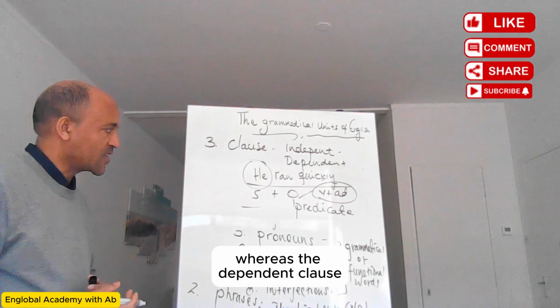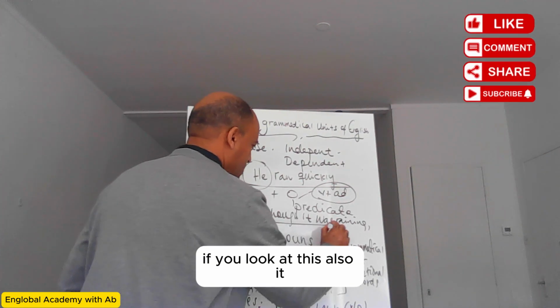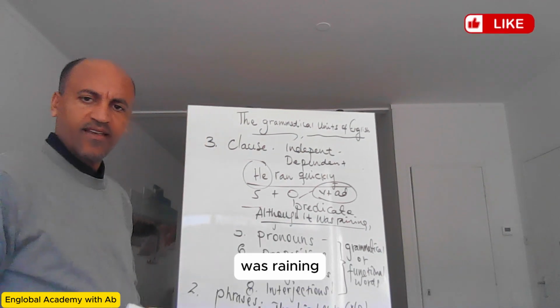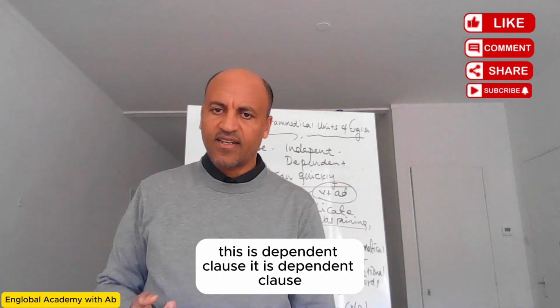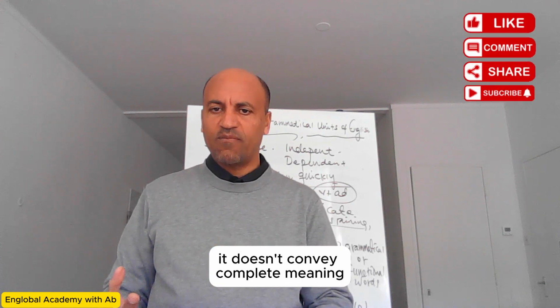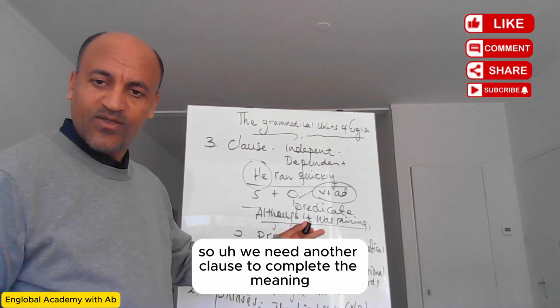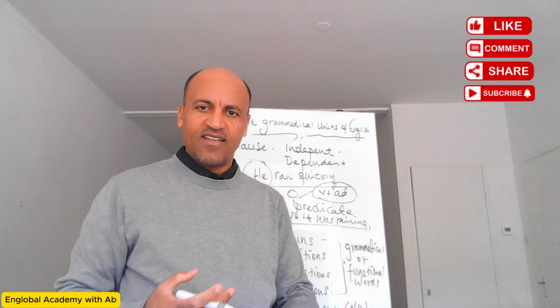Whereas the dependent clause, for example, if you look at this, although it was raining, this is a dependent clause. It doesn't convey complete meaning, so we need another clause to complete the meaning.